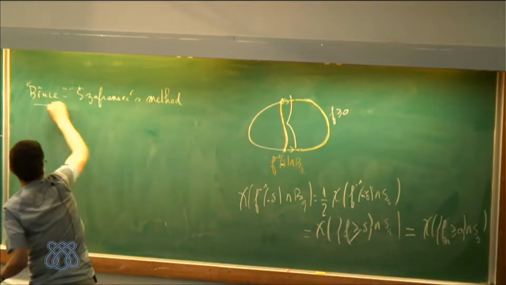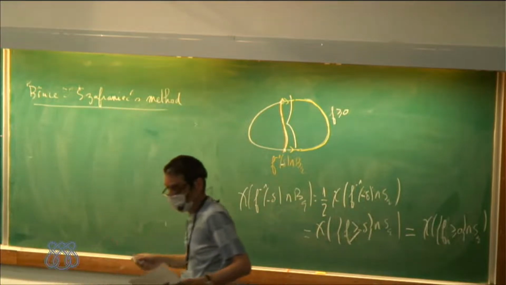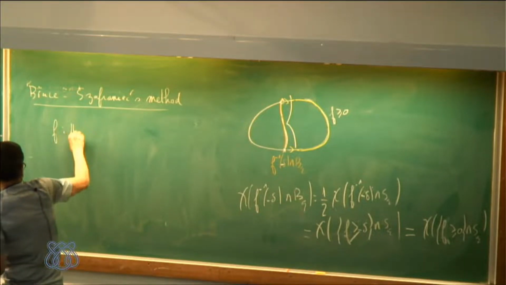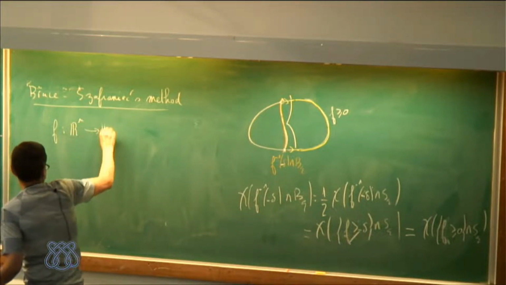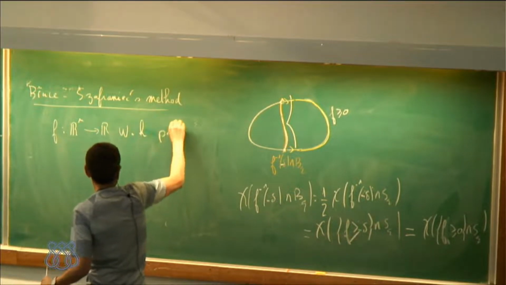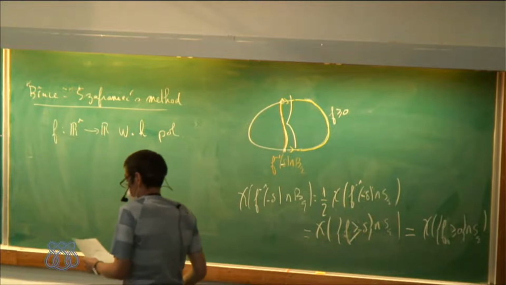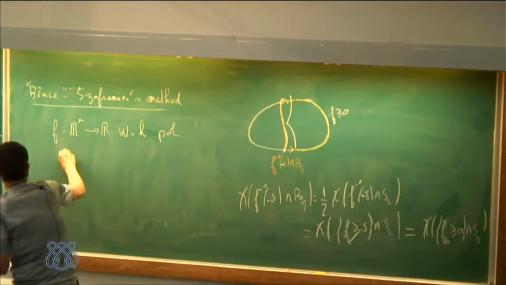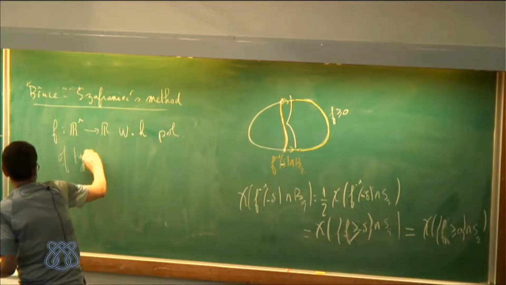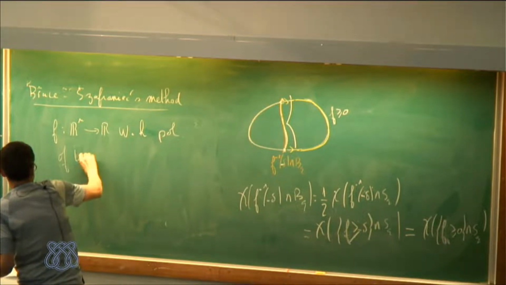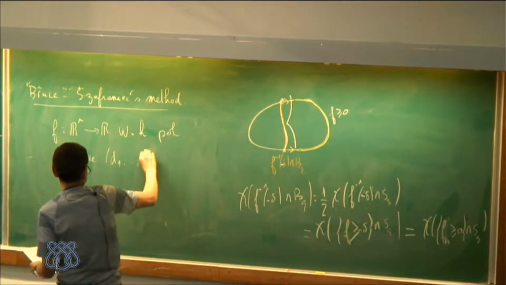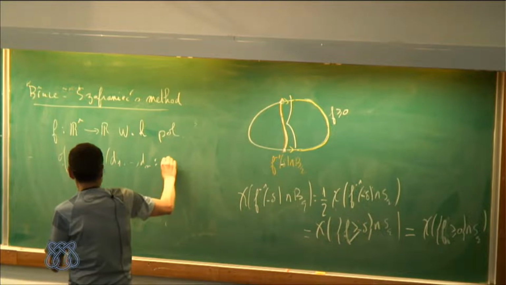So here we work with a weighted homogeneous polynomial F, and the type is d1, ..., dn, and D. Okay.